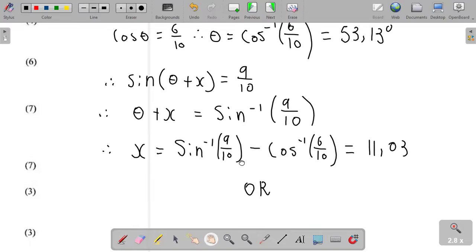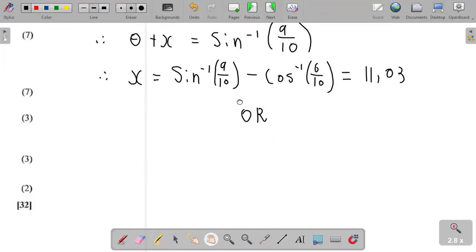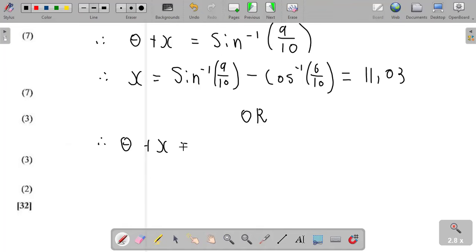or if we go the other side, we can say therefore θ + x equals 180 degrees minus the inverse sine of 9 over 10.